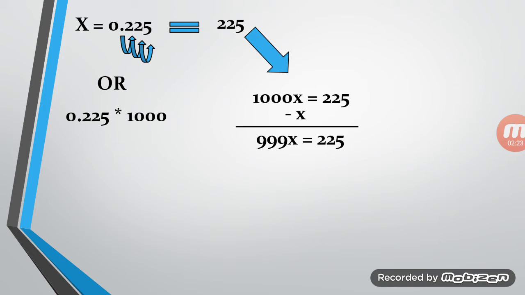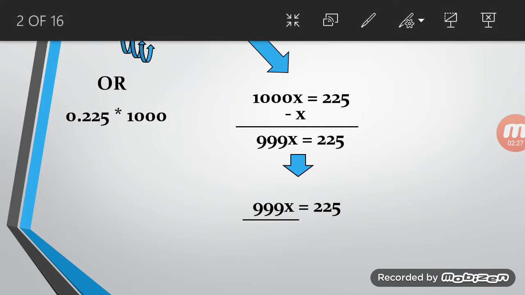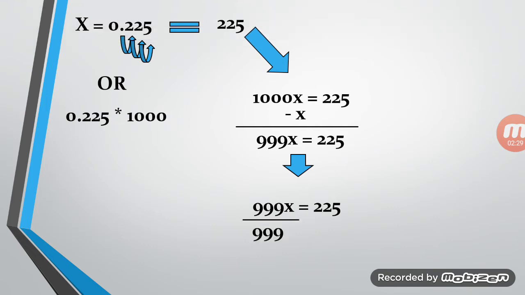Once you have that, you have to divide both sides by 999. So that crosses out these two. And once you divide 225 by 999, you'll get your answer fraction of 9/40. Pretty simple when put into perspective.